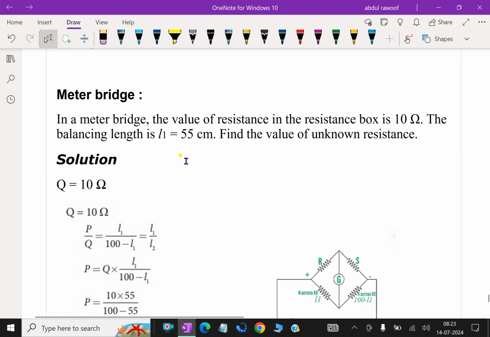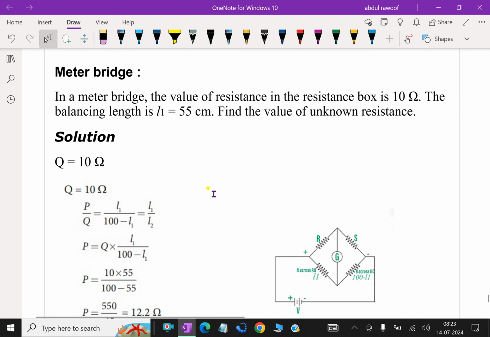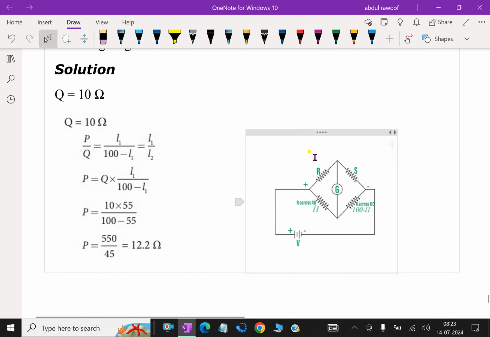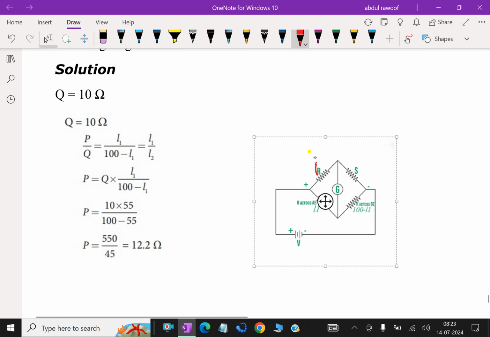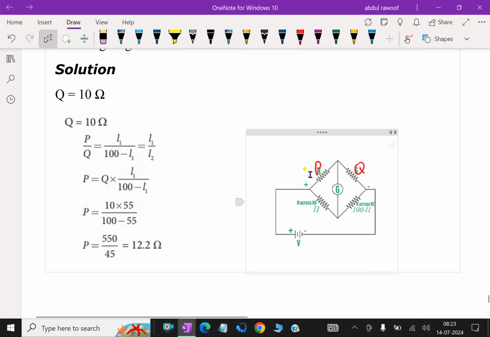Next one, meter bridge. What is a meter bridge? In a meter bridge, the value of resistance in the resistance box is given as 10 ohm. Suppose, look here, let it be P and Q. Here P over Q equal L1, the length of this part of the bridge is L1.